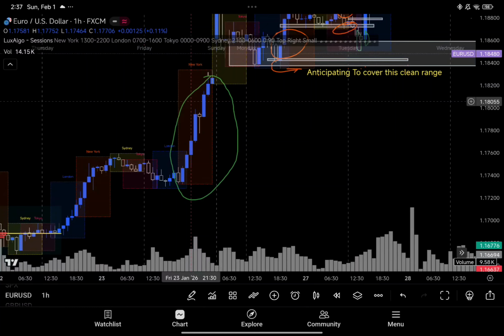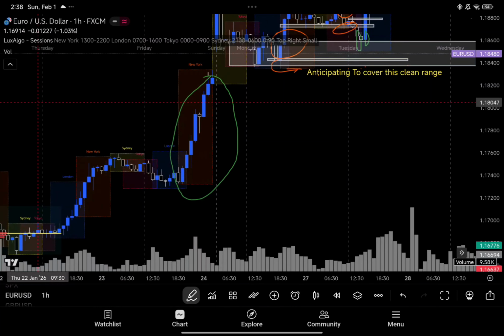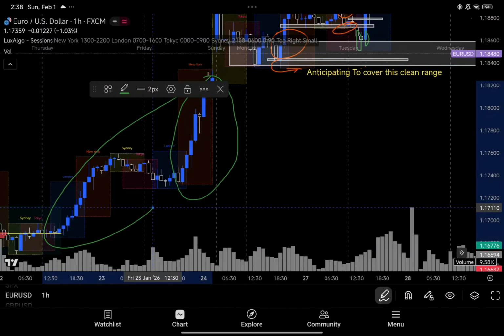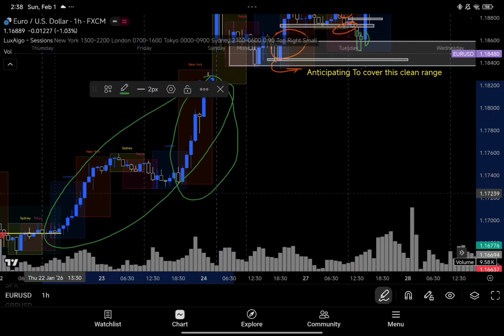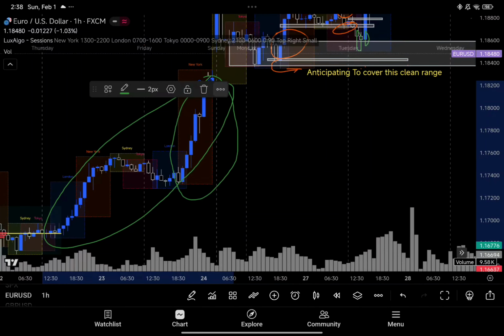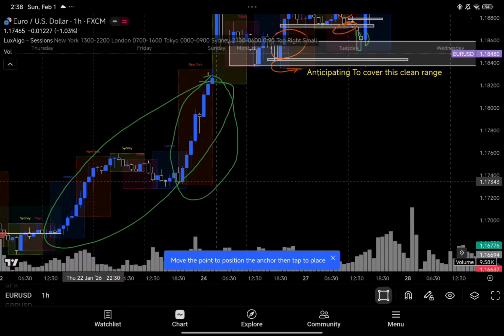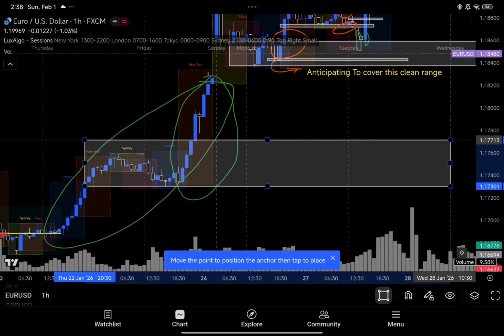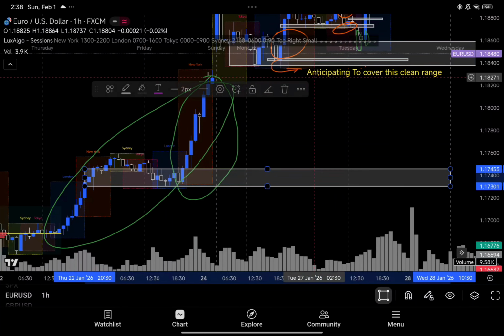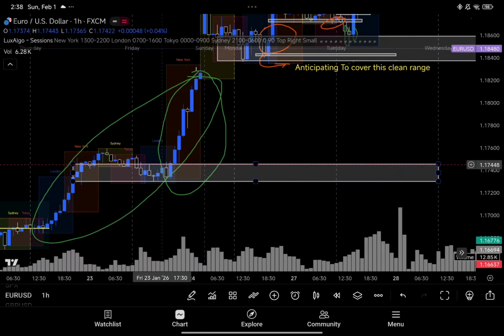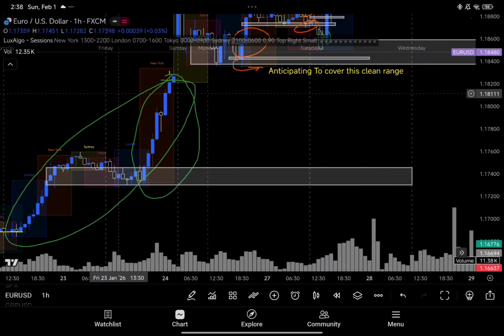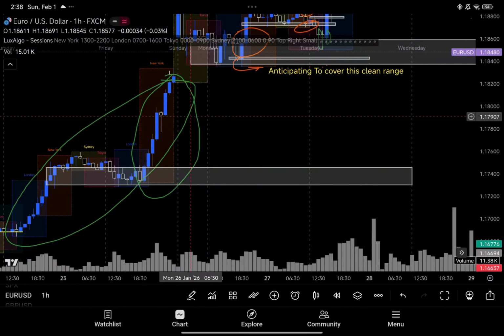If you can see this green box over here, this whole is a clean range. The clean range can be this whole, but I didn't mark this whole as a clean range, because there is another support over here, which I'm marking right now.